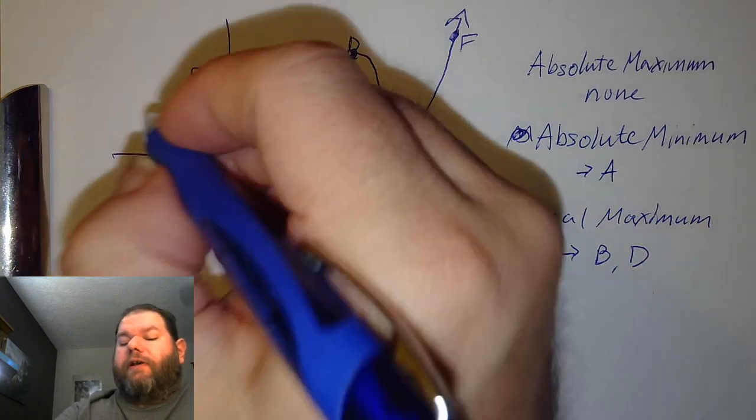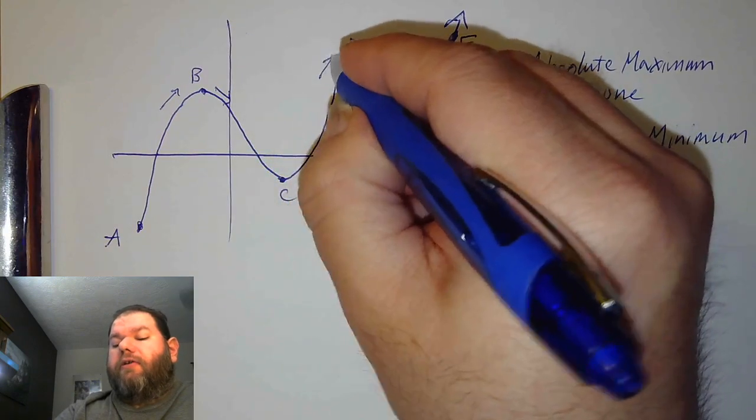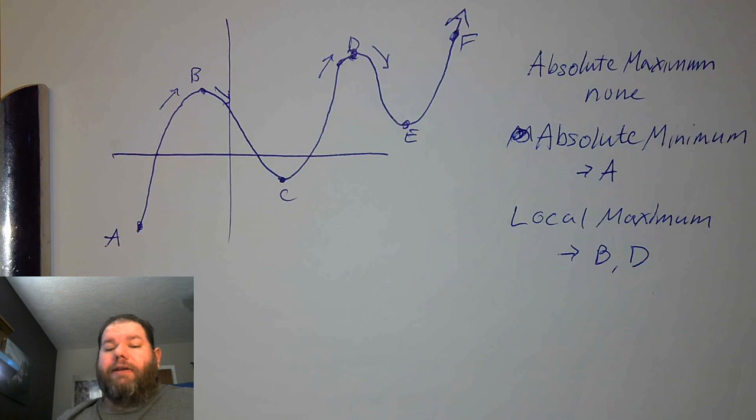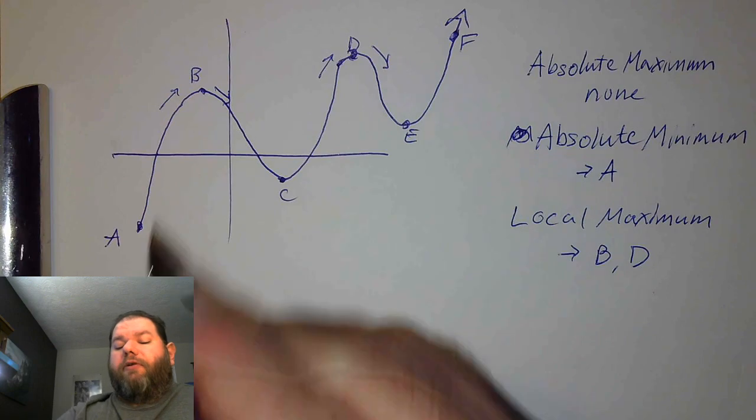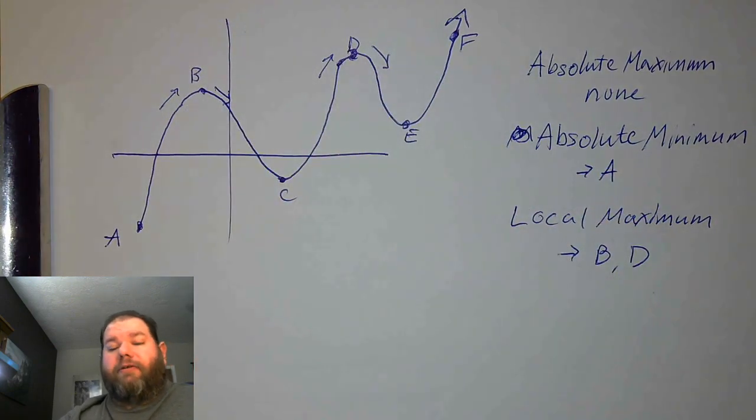In each of these cases it's increasing, then decreasing, increasing, then decreasing, which makes points B and D both right. And both of them will be local maximums. And again, that's like the top of a hill. So we go up, then we come back down. We go up, then we come back down. So that's right at the very top. That's our local maximum. Visually, that's how we're discerning it.